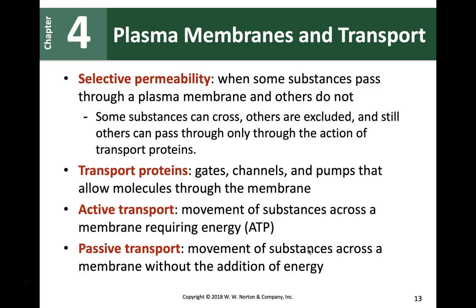We need gate-like structures. So first of all, what does selective permeability mean? Permeability, of course, means that it's going to allow some of the stuff to come in. Selective means that it only allows some of the molecules to come in. So it's not like an open door that everyone can come in. Membranes are selectively permeable. They will let some things pass through, the other things won't.